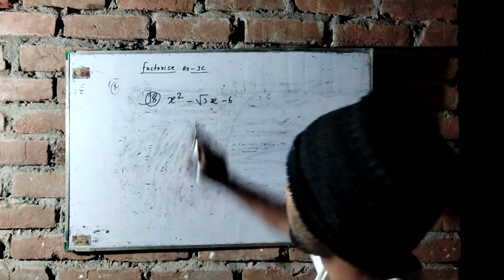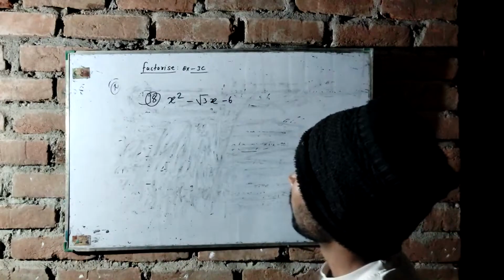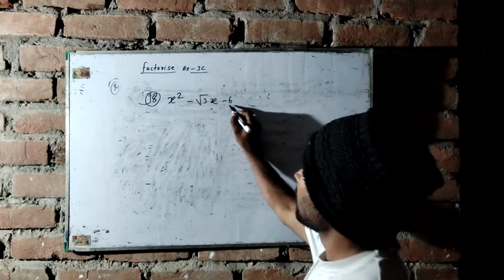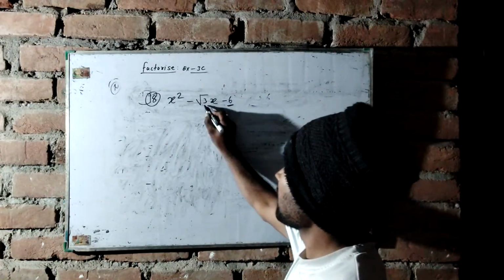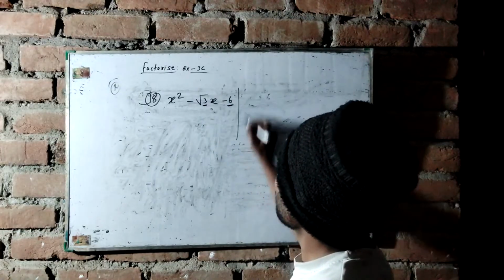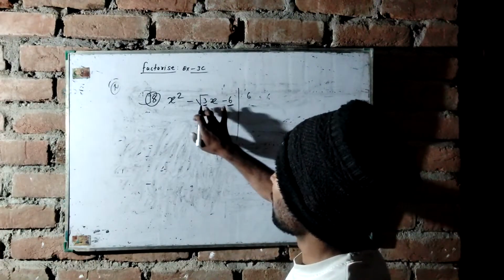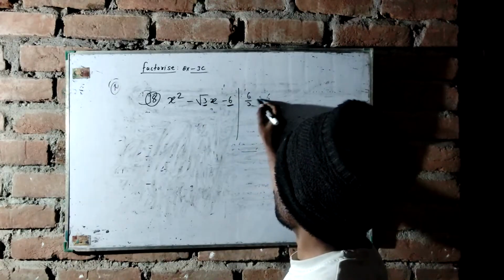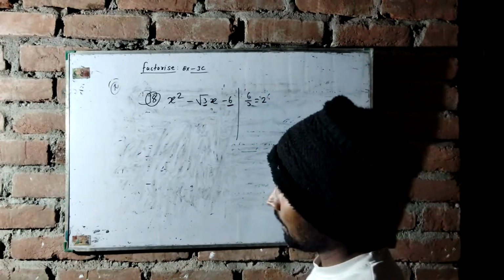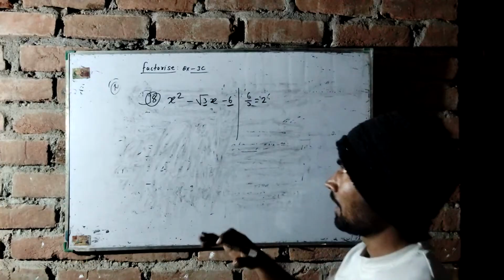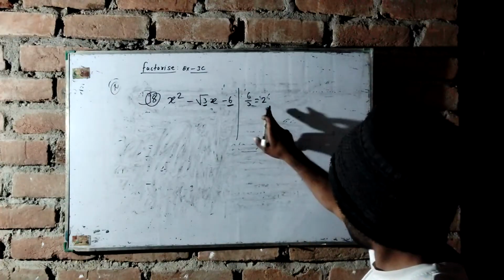To solve this polynomial easily, we have to divide minus 6 by this number. After dividing 6 by this number, we get 2 as a quotient. Now we have to find all factors of this quotient.